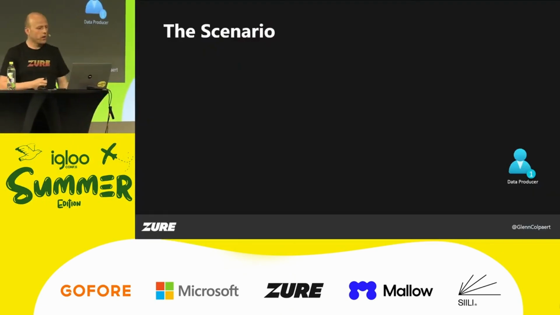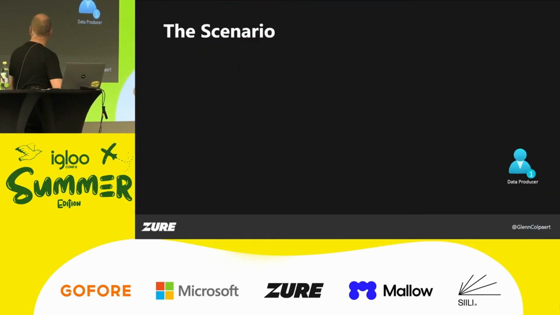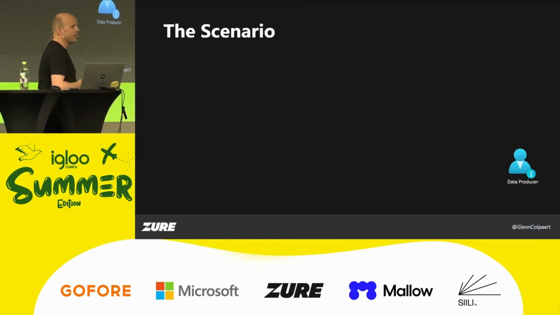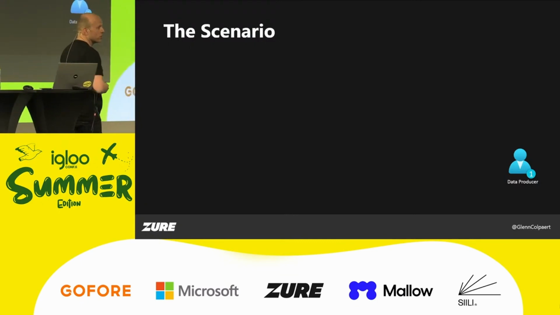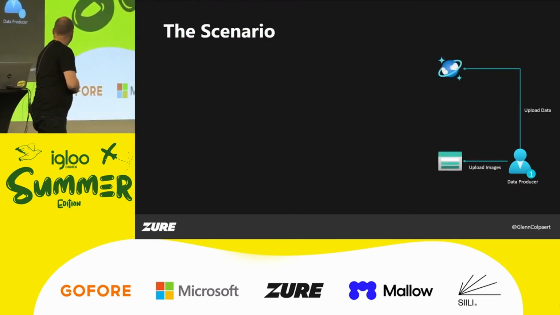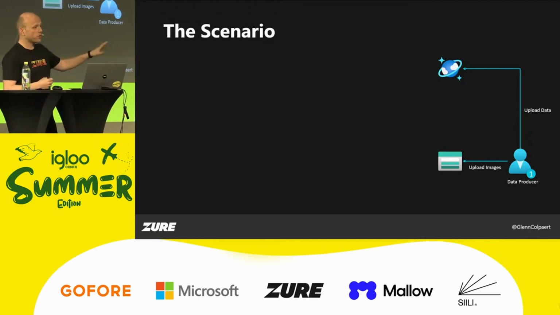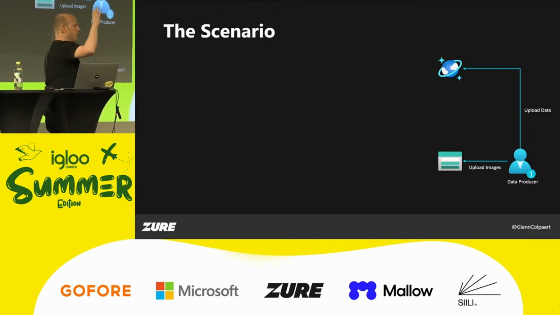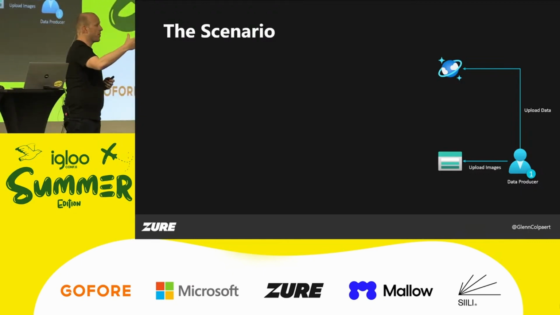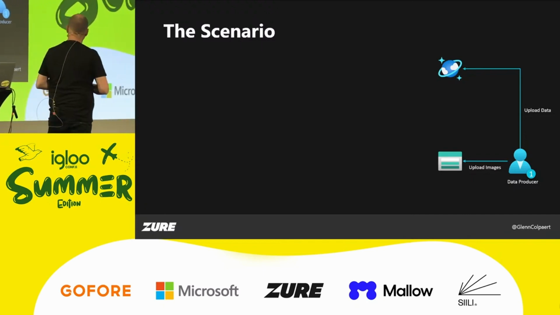What we will be doing today is there will be a data producer, a guy who creates data. He will upload images in blob storage and upload the metadata of that movie into CosmosDB.